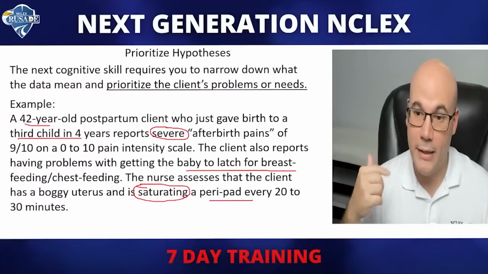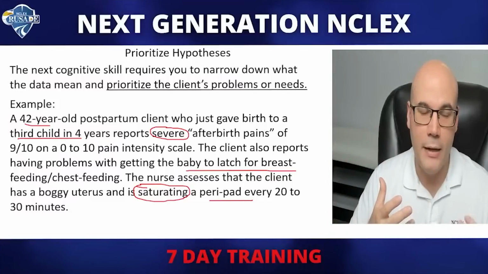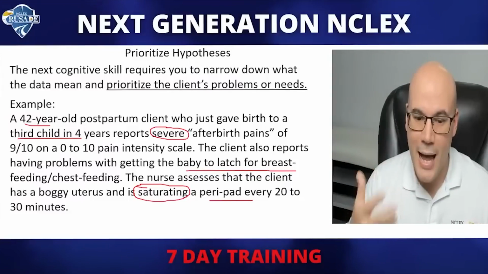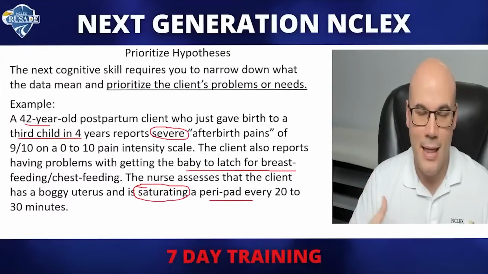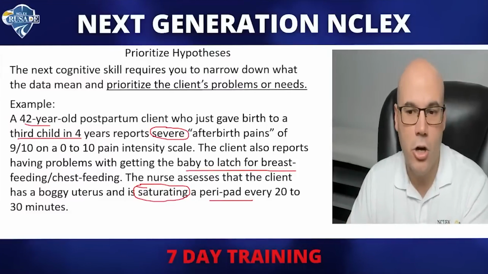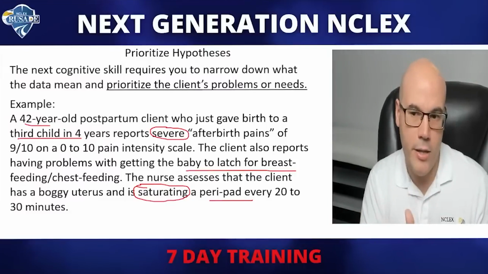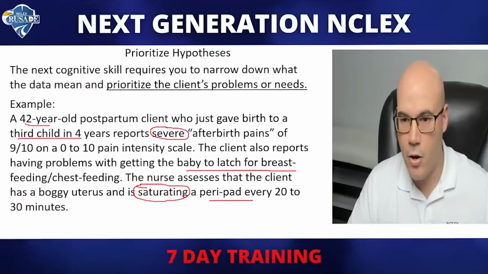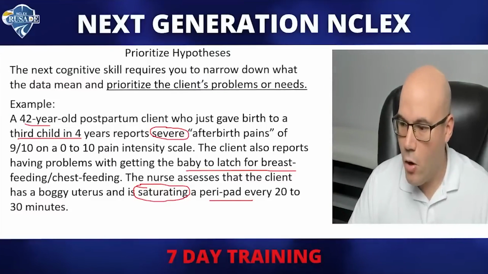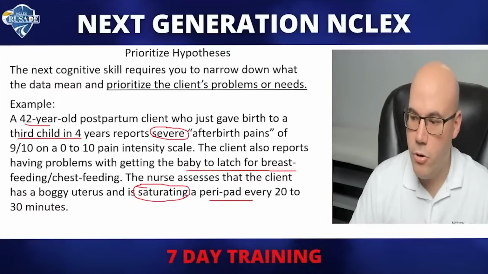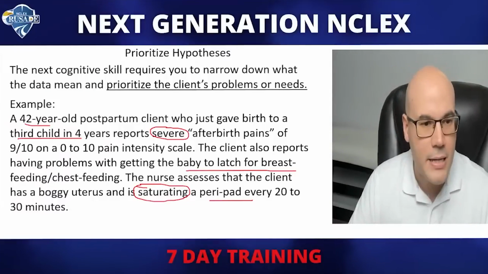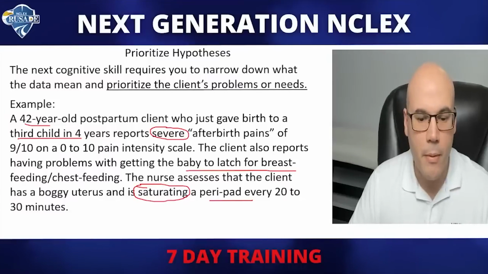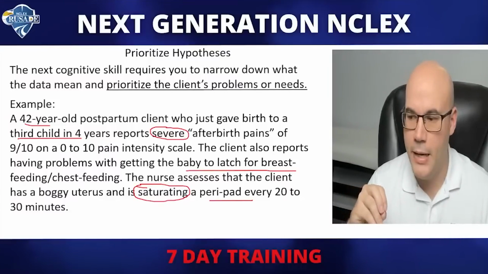Well, if we go back to the basics, to prioritization guidelines, we know that Maslow's hierarchy of needs says that any physiological problem such as airway, breathing, circulation has the priority. So the bulgy uterus and saturating peripads every 20 minutes is probably my priority because that indicates bleeding.